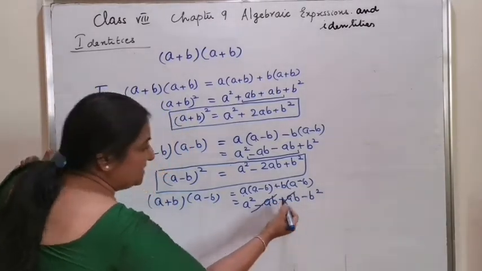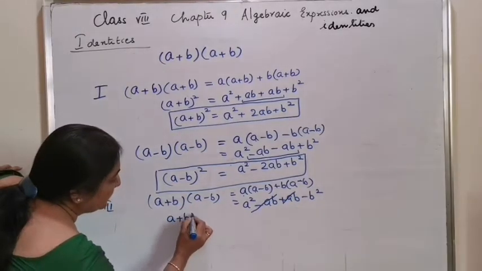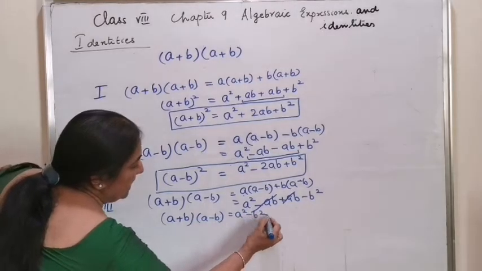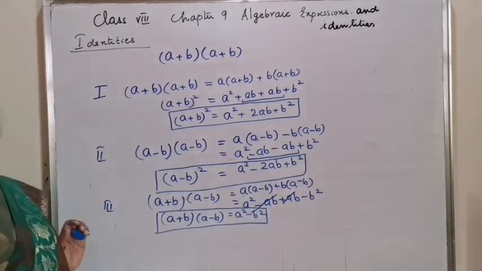Positive AB and negative AB get cancelled. So what is the identity? (A plus B) into (A minus B) is equal to A square minus B square. That is the third identity.